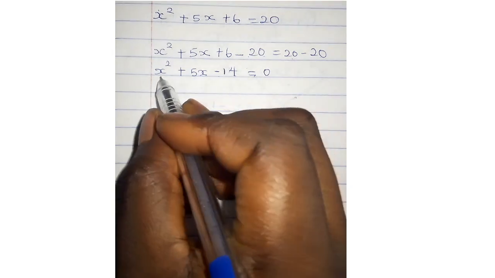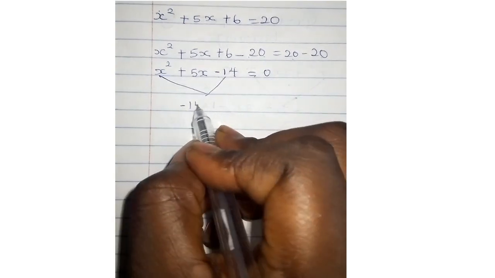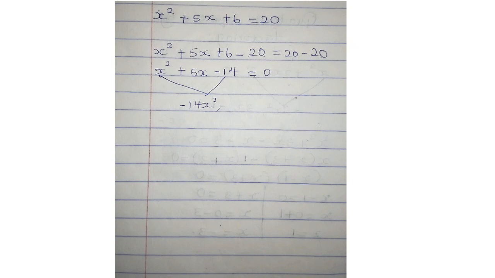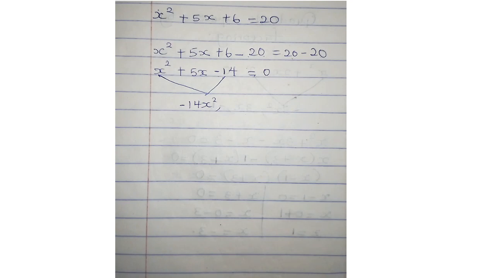So therefore, when we take out the first value and the last value, we're going to have negative 14x squared. Alright, now let's think of a number that when we multiply is going to give us a negative 14x squared, and when we add or subtract is going to give us the middle number, which is 5x. Can we think of a number? Alright, fine. The two numbers that come to mind are 7x and minus 2x.